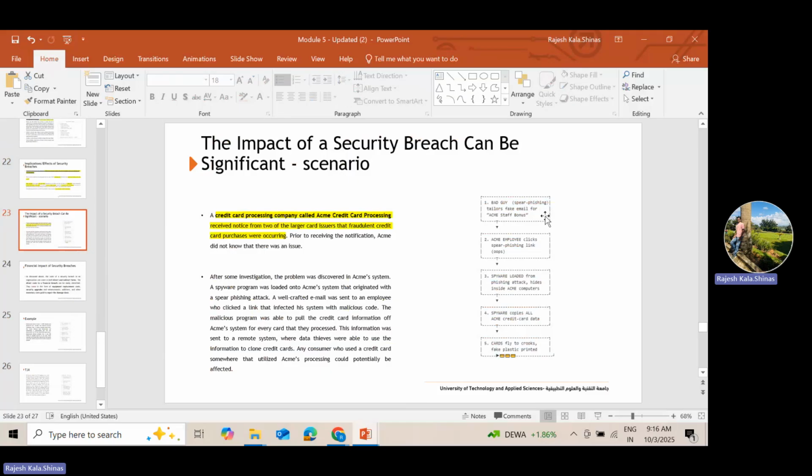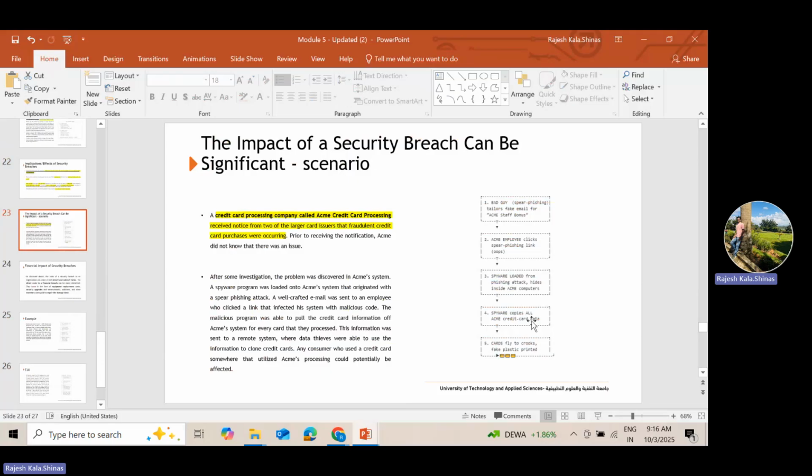The card information was sent to the attackers. Then they kept creating fake plastic cards and used them for fraud transactions. This is what happens if a security breach occurs in a credit card processing company.